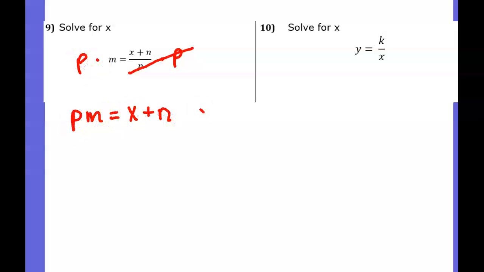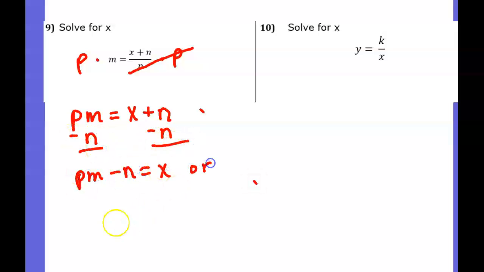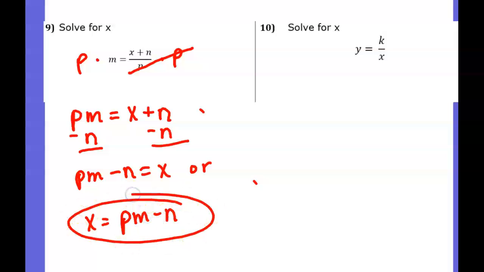Now to get x by itself, I simply subtract n. So PM minus n equals x, or I can write it as x is equal to PM minus n. And remember, multiplication is commutative, so that's the same answer as x is equal to MP minus n. You might have different variations of it.